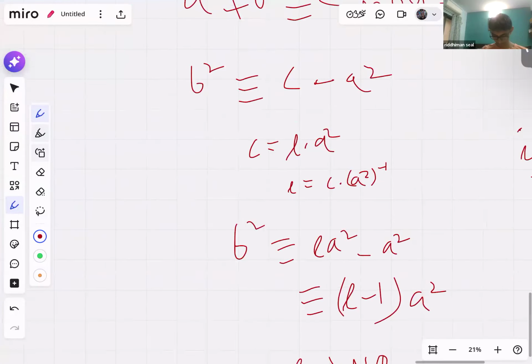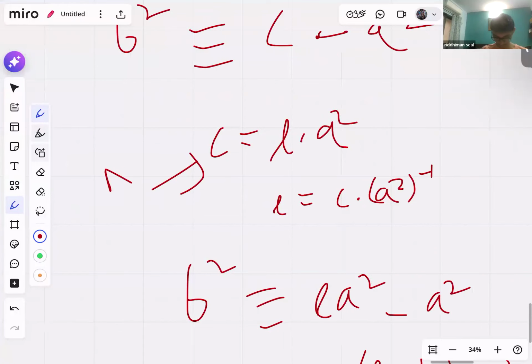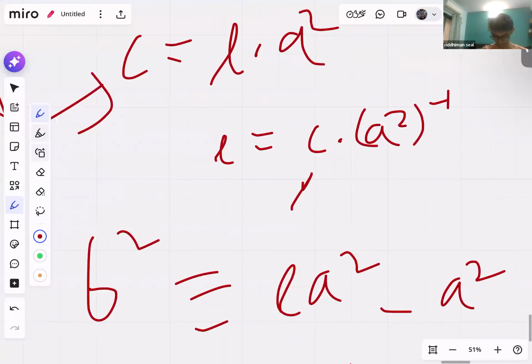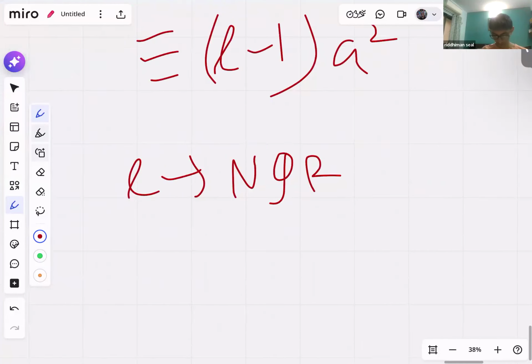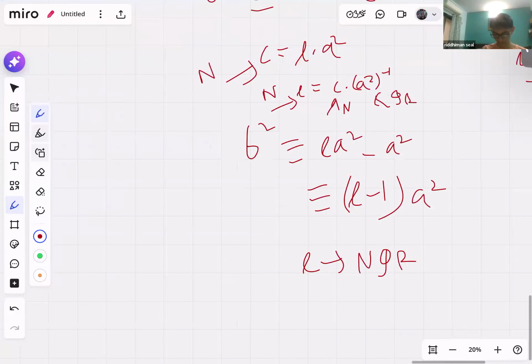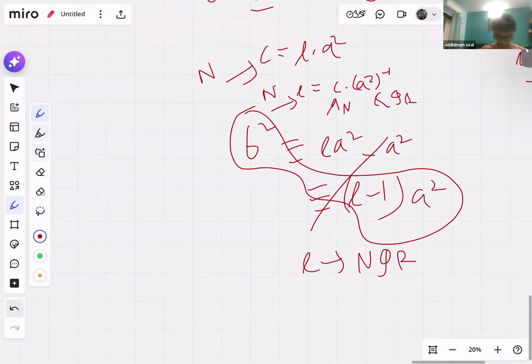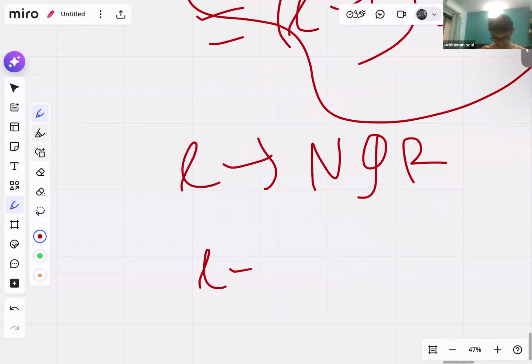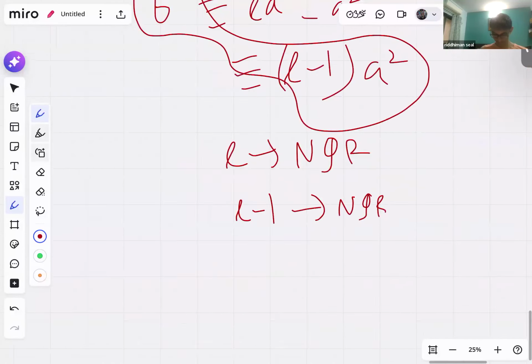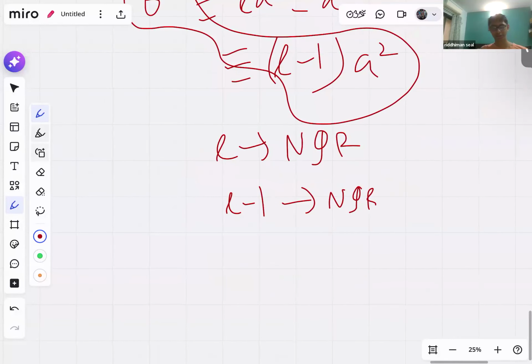So L is an NQR, and we know that this has no solutions, because that's what we assumed in the beginning. So from this we can say that L minus 1 is also an NQR. Right. Can you see the issue with this?